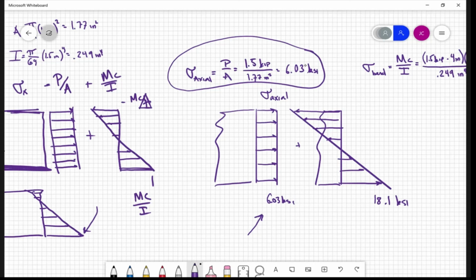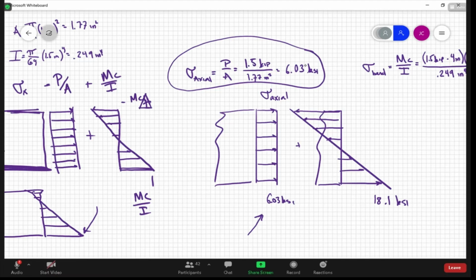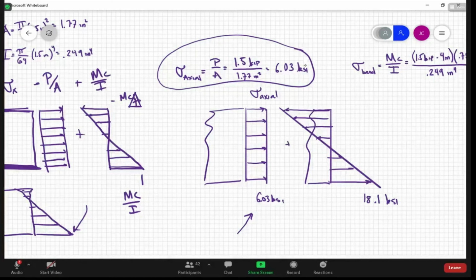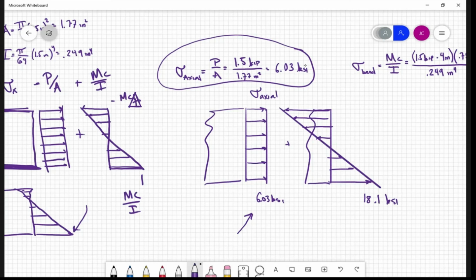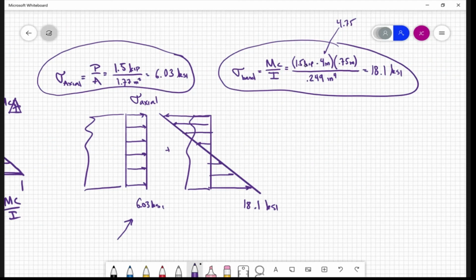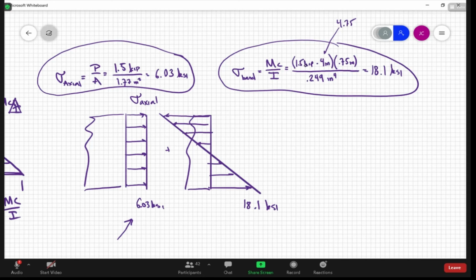Then combined on top of it is the bending, right? Which, yeah, you're right, this should be 4.75. And if that's the case, wait, I must have done that wrong.